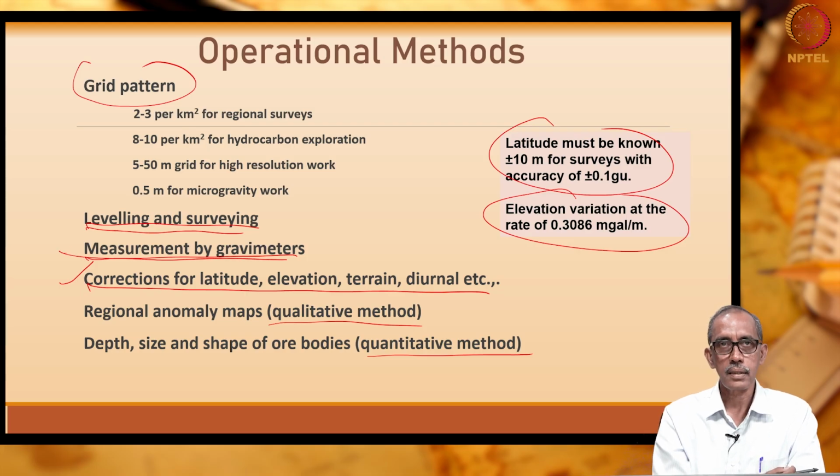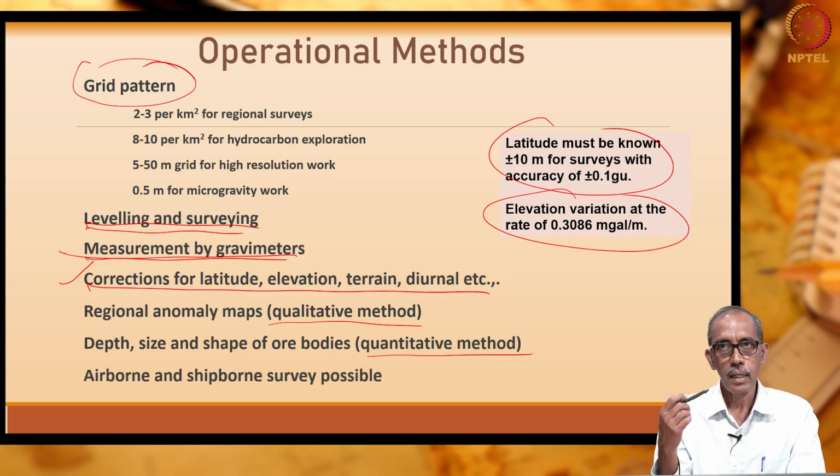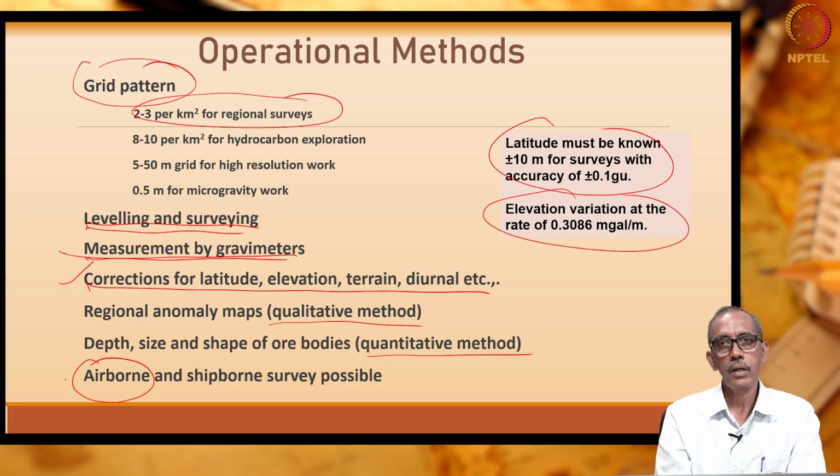Next is the corrections. While doing the survey in the field, I said grid pattern, but the survey can be for different purposes. When you want to do very large, regional level surveys, it is possible to carry out the gravitational survey from air.